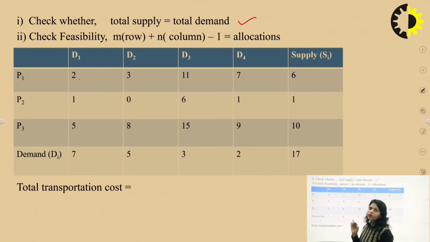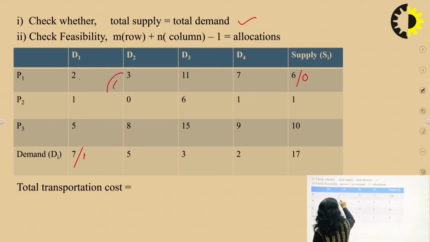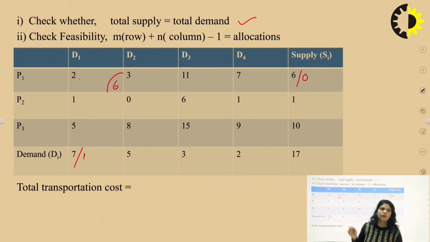It means we can satisfy the demand of 6 units only, 6 million liters only. So if we satisfy the 6, then what will be remaining here? 1, and this will become 0. And we will allocate the 6 here because 6 million liter demand is satisfied here.